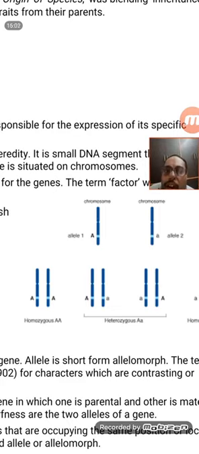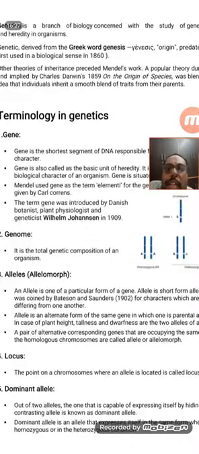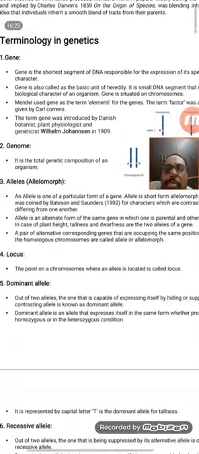If one chromosome has A and its sister chromosome has small a, that means two different forms of a character are expressed, and we call it heterozygous. So these terms are very important, capital A, small a.